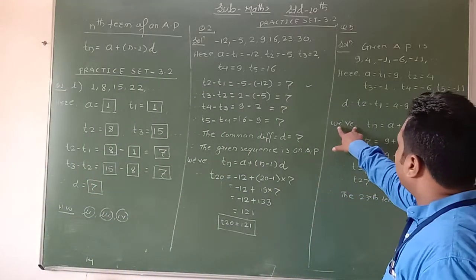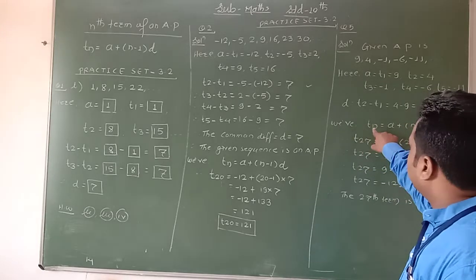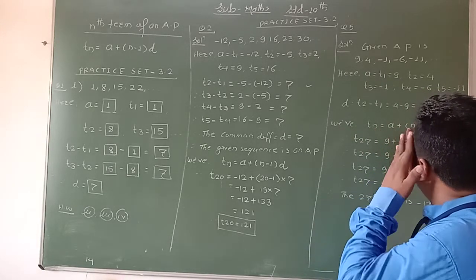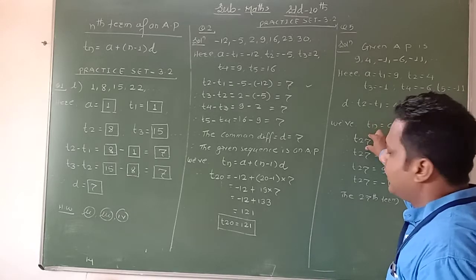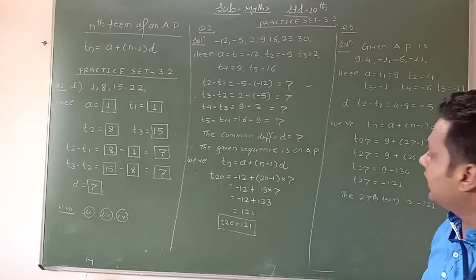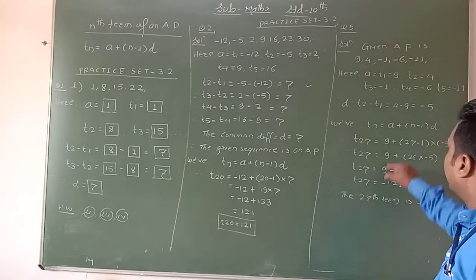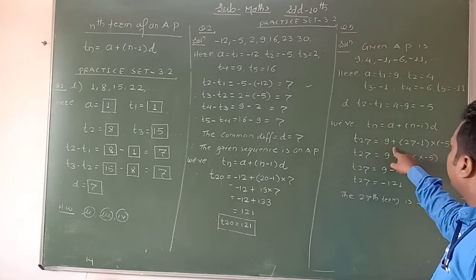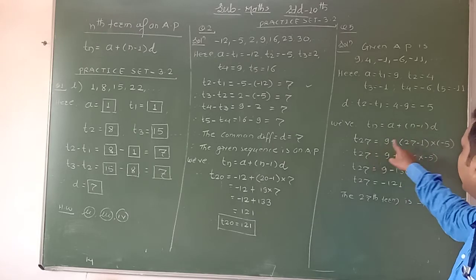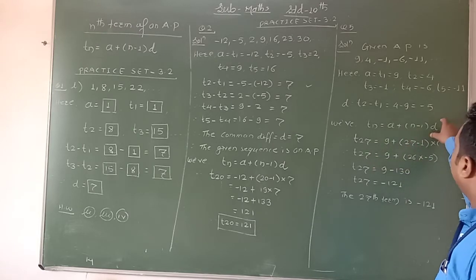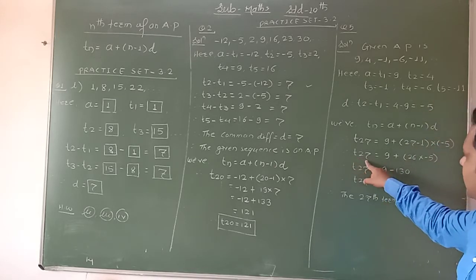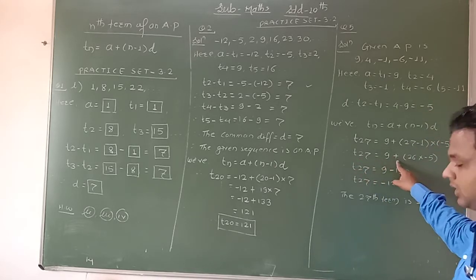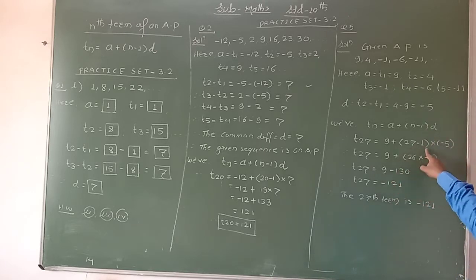Therefore, we know the formula to find the nth term, that is Tn is equal to a plus n minus 1 into d. Here we put the value of n equal to 27, then we will get the 27th term of the arithmetic progression. T27 is equal to 9 plus 27 minus 1, that is 26 into minus 5.